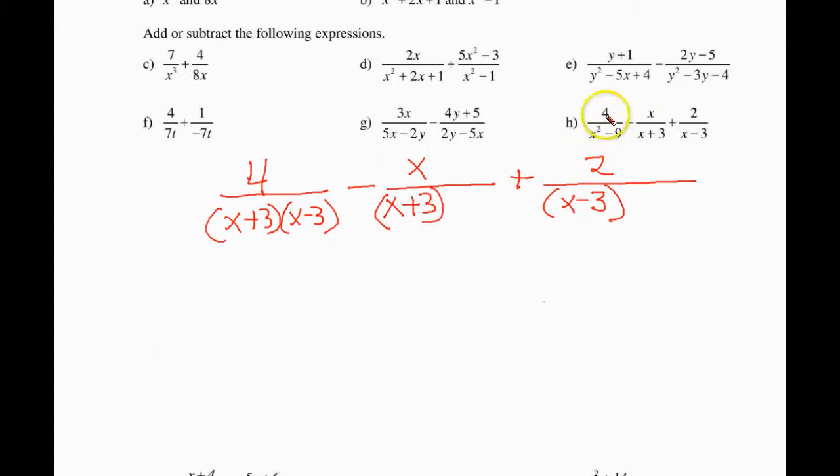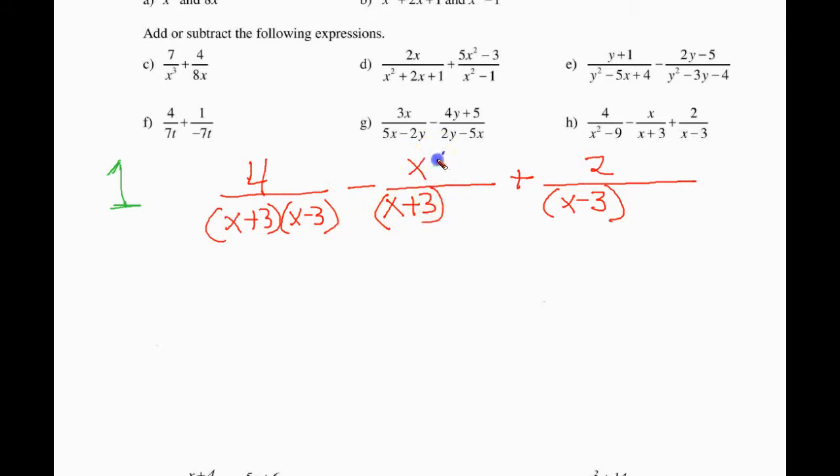Now, all I did was to rewrite this, but factor this, because what will my common denominator be? It's actually going to be this. So, what is this missing? I want to multiply this fraction by 1 in the form of something over something that's missing.